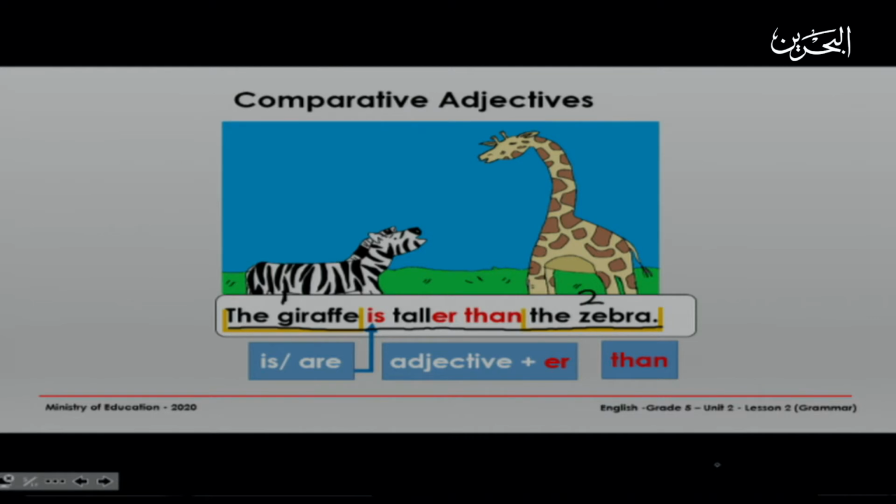We used is because we are talking about one giraffe only. So, the giraffe is. The adjective here is taller, and we added ER to the adjective to make it comparative. And then we added the word than. And finally, we write the second group, which is the zebra. So the giraffe is taller than the zebra.